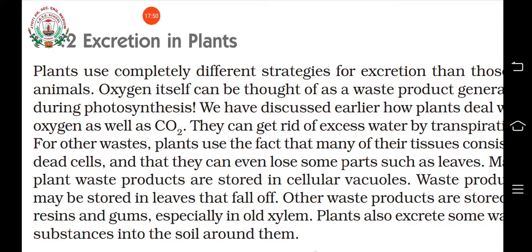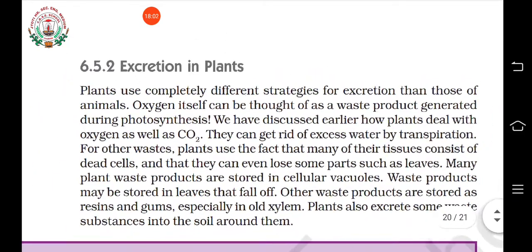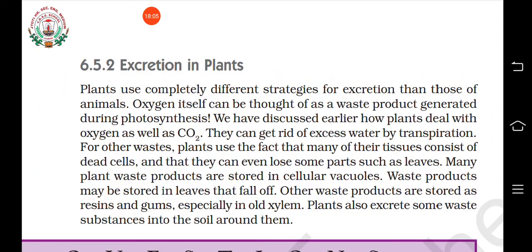But it is there, isn't it? Some excretory waste materials are also produced in plants. It is not that there are no waste materials; they produce them, but the amount will be less. So what are the waste materials? Oxygen can be thought of as a waste product during photosynthesis, and carbon dioxide during respiration.